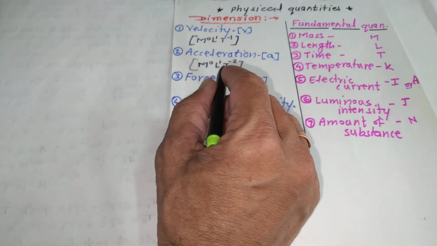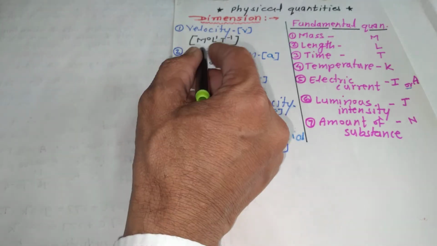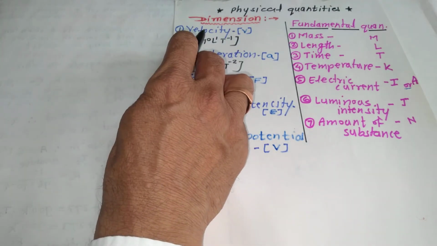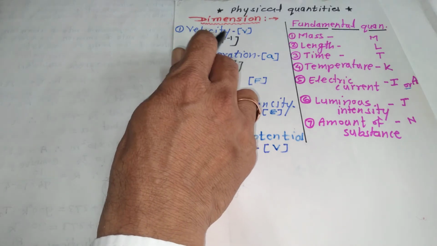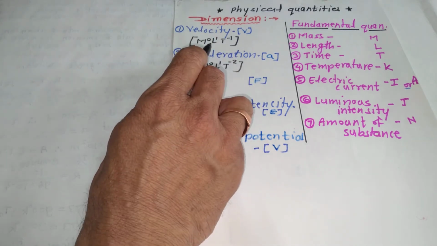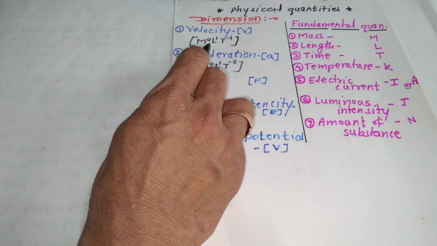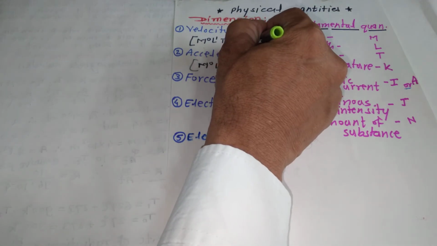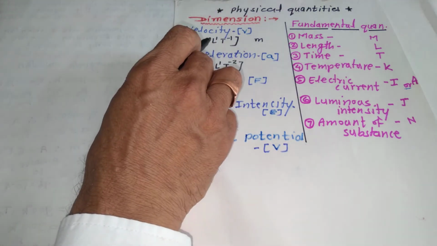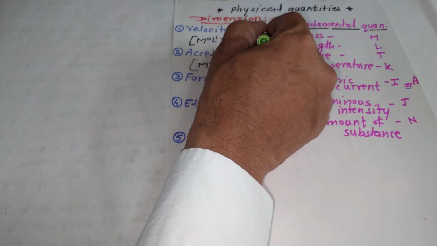Just similarly, we can see here that if I want to find out the unit of this velocity, it can be written in terms of these fundamental units. Length is measured in terms of meter. That's why the unit of length is meter. Its power of length is 1. That's why meter raised to 1.